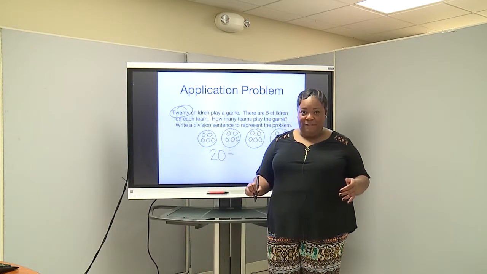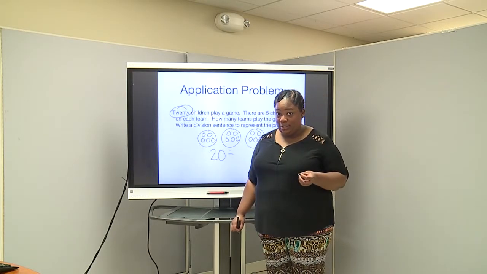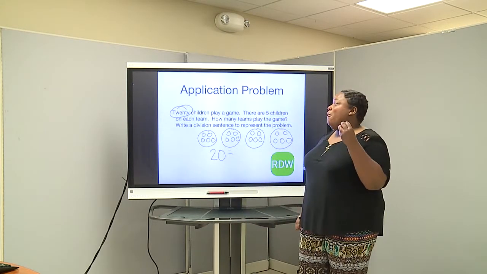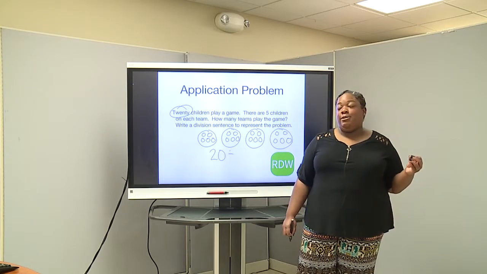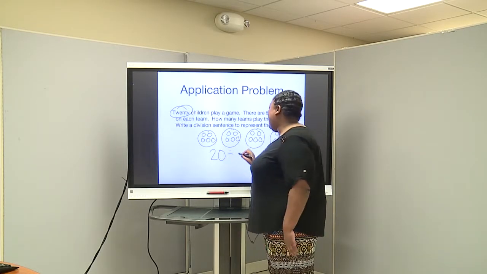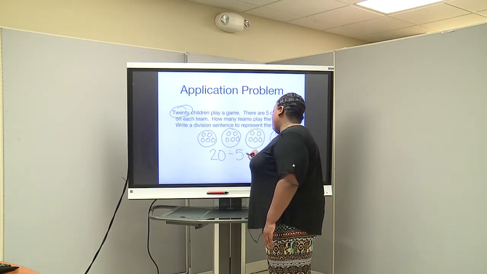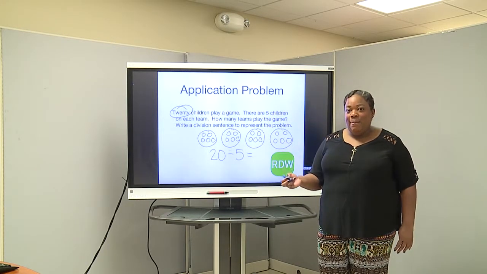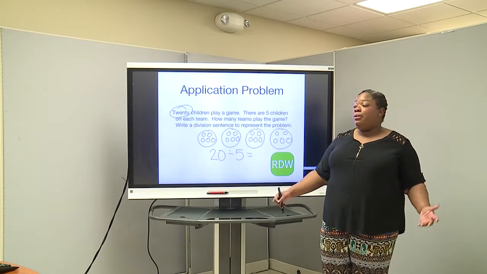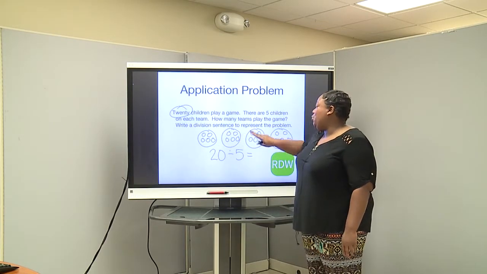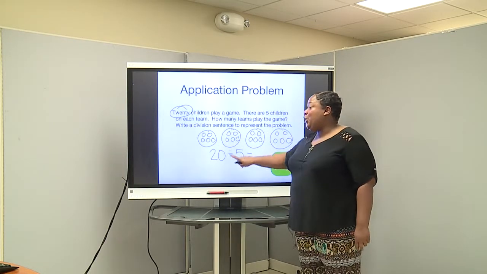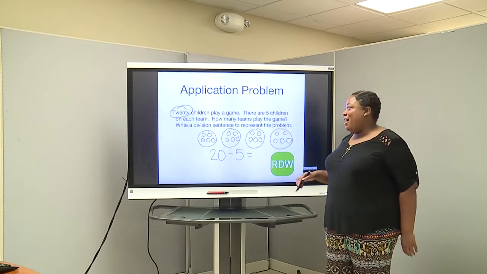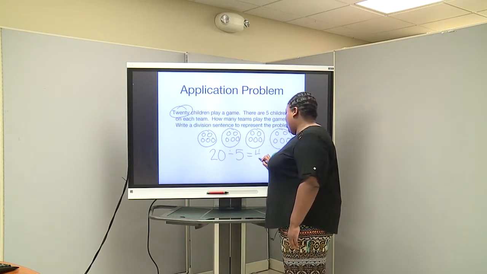And what other information did our problem tell us? That there were 5 children on each team. So we're dividing our total by the size of the group. And how many groups did we end up with? 1, 2, 3, 4. So 20 divided by 5 equals 4.